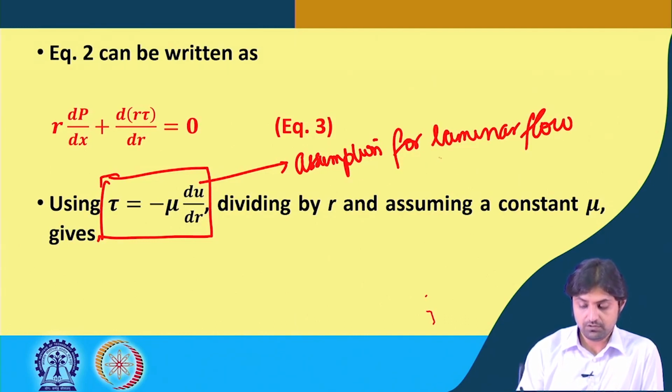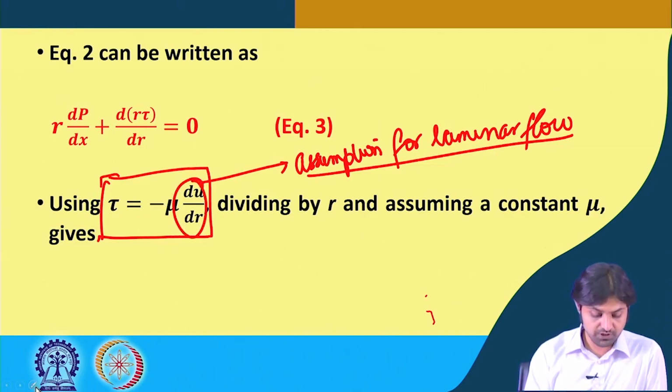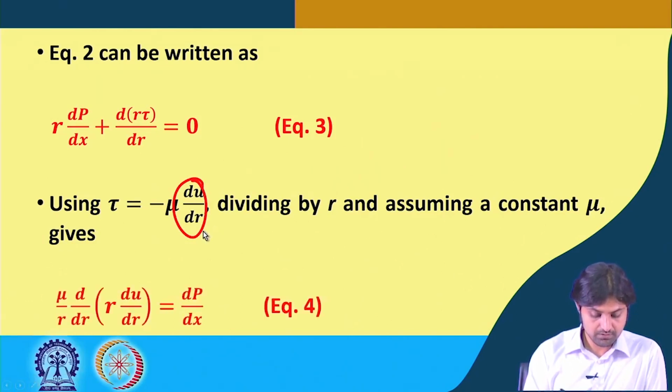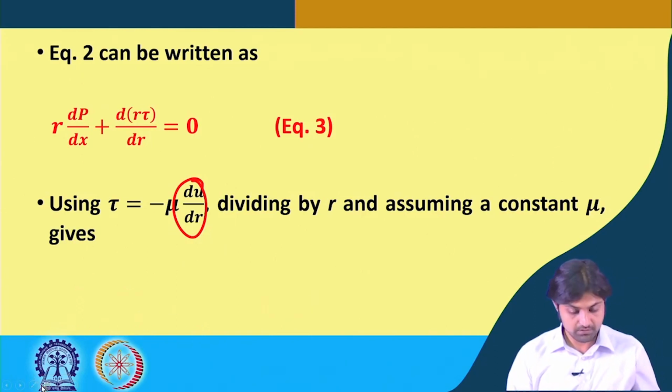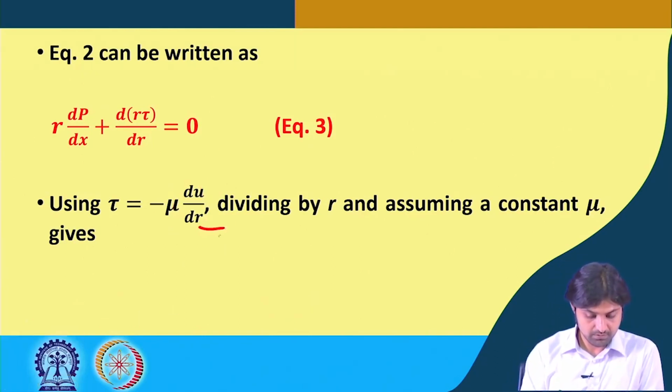So if we have a laminar flow, we can assume shear stress as a function of du dr, or in other terms tau is equal to minus mu du dr. Okay. So minus mu du dr, this is laminar flow.